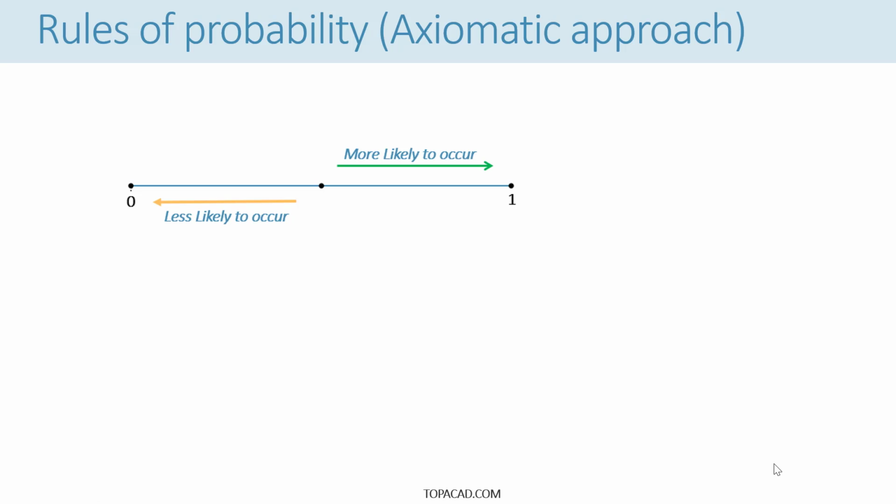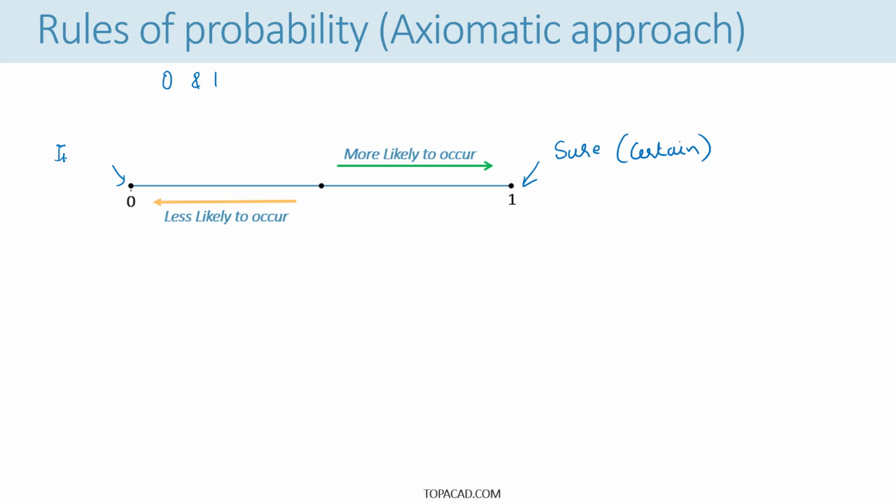Now that we've understood how to find the probability of an event, let's take a look at the rules of probability, which is also called the axiomatic approach to probability. You know that the probability of an event is always between 0 and 1. If the probability of an event is 1, we saw that it is called a sure event, or a certain event, which is definitely going to occur.